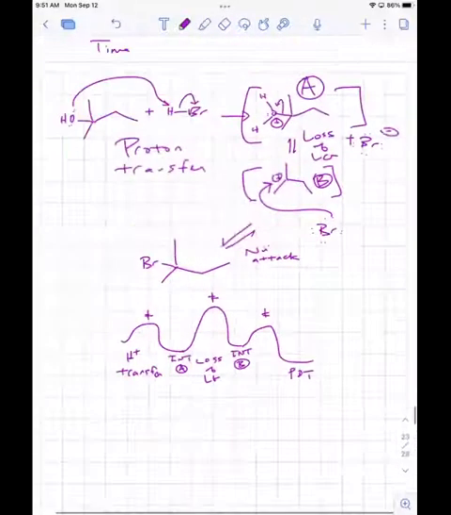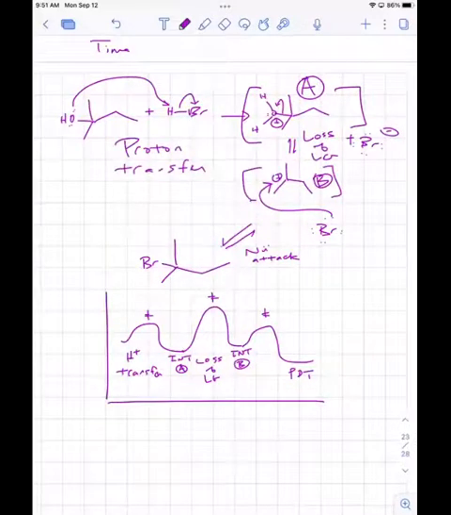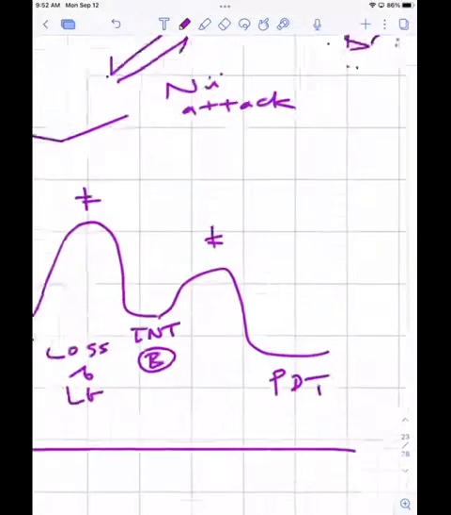Right, so the energy diagram for this reaction will look like that, where it's 3 humps. Every hump represents a step. So the proton transfer is a step that leads you to an intermediate. Loss of leaving group is a step that leads you to another intermediate, which is the carbocation.